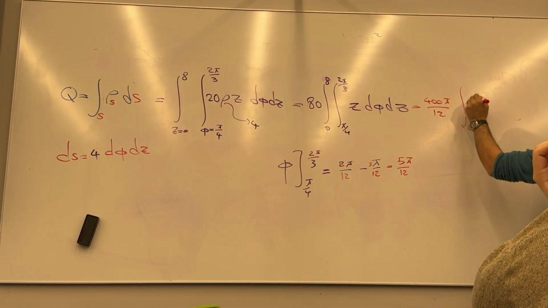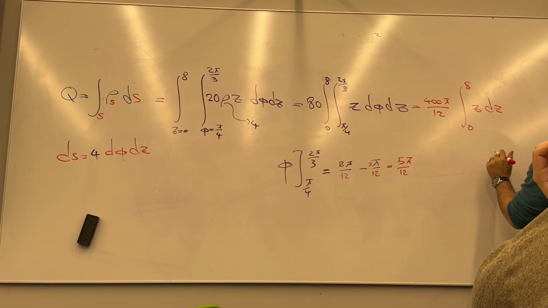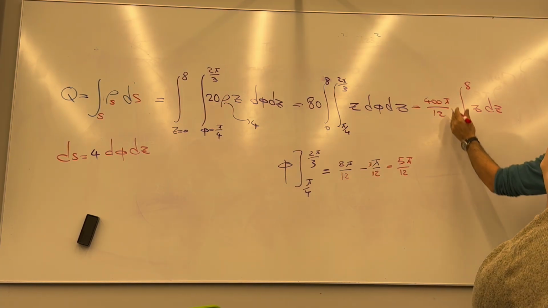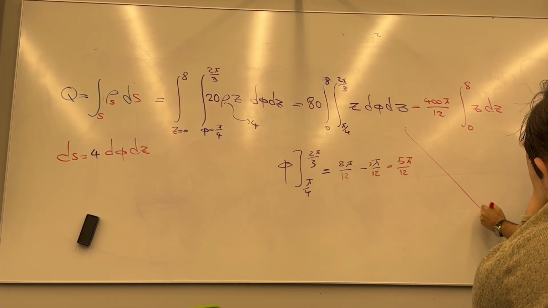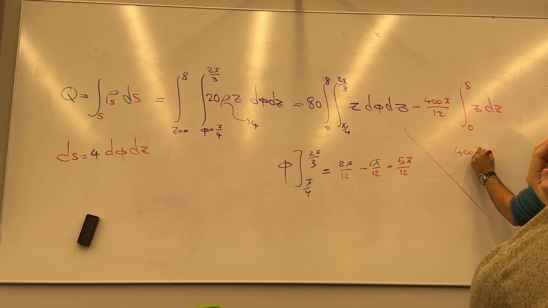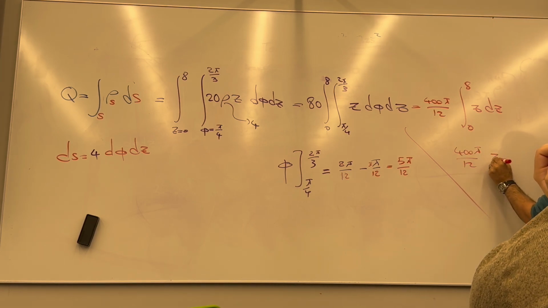Of course it can be simplified. The integral from 0 to 8 of z dz is z squared over 2 from 0.